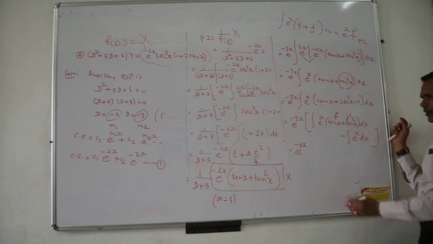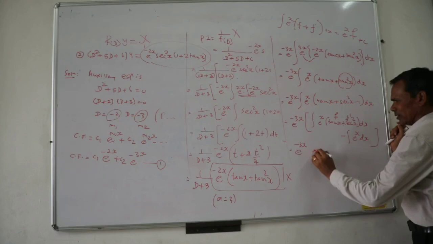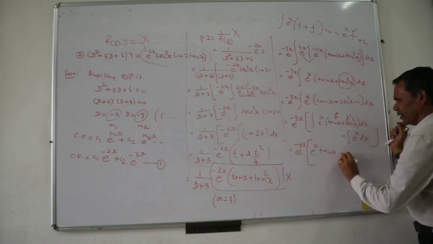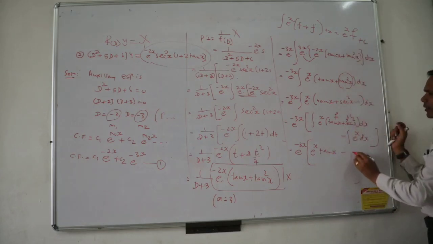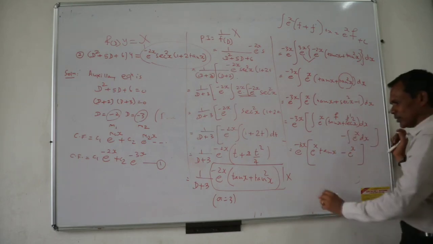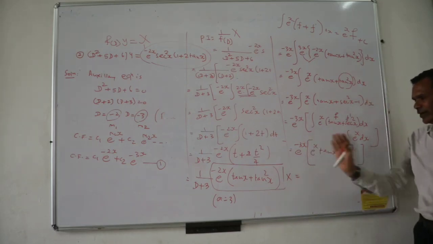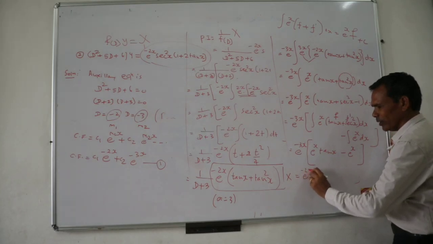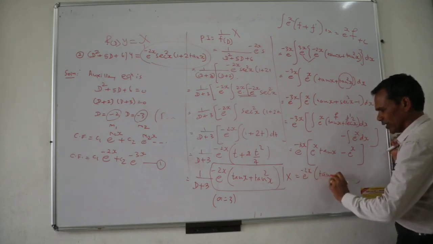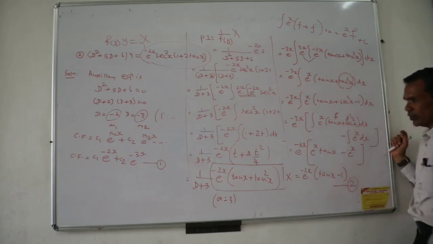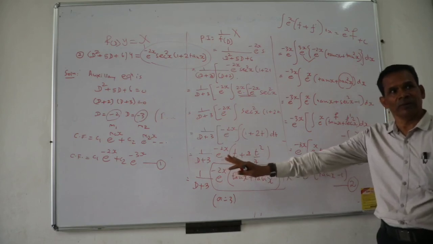So you get e raised to x into tan x, and integration of this, using this formula, f is tan x, minus e raised to x, since the integration is e raised to x. Now I take e raised to minus 3x outside and join with e raised to minus 3x by laws of indices. So this is tan x minus 1. So you are getting this as expression 2, with that expression 1.